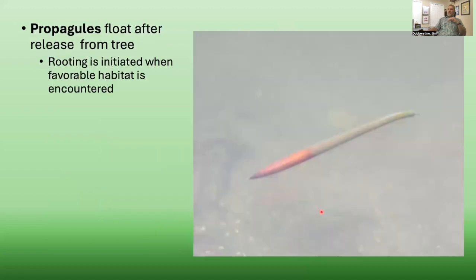And when they get large enough, the propagules will release from the tree and they will then float in the water. And rooting is initiated when favorable habitat is found. A lot of times that happens when they wash up on a mud bank and there's a place for them to anchor to. And if the conditions are right, then that plant will start to root and you'll eventually form a small tree there.